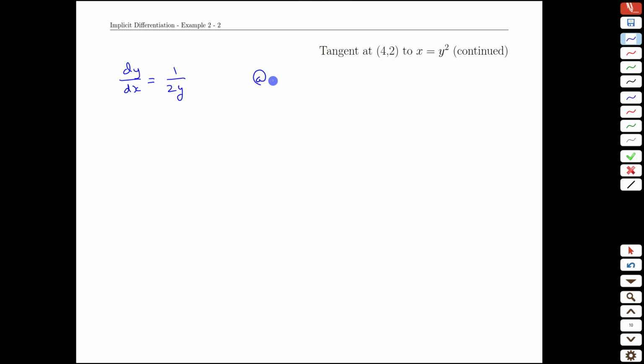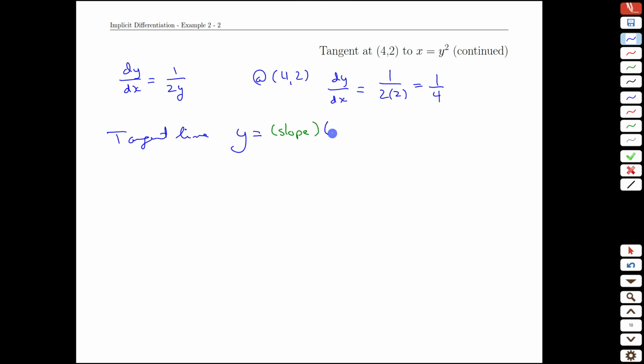All right, so at the point (4, 2), we're going to have dy/dx equals 1 over 2 times the y value, and the y value is the 2, so 1/4. With the tangent line then, the tangent line is y equals, and I'm going to make this very generic. I'm not going to use m or anything else. I'm going to use slope times (x minus a) plus c.